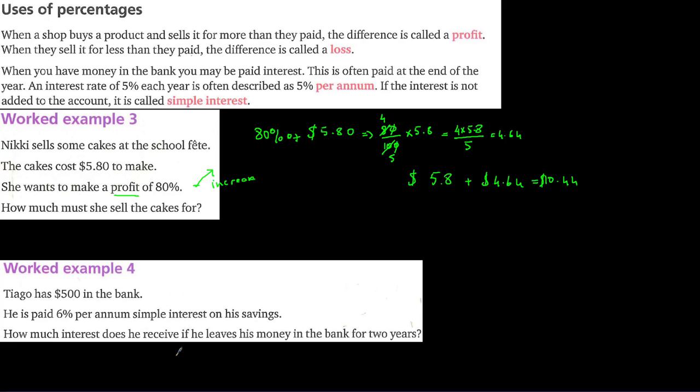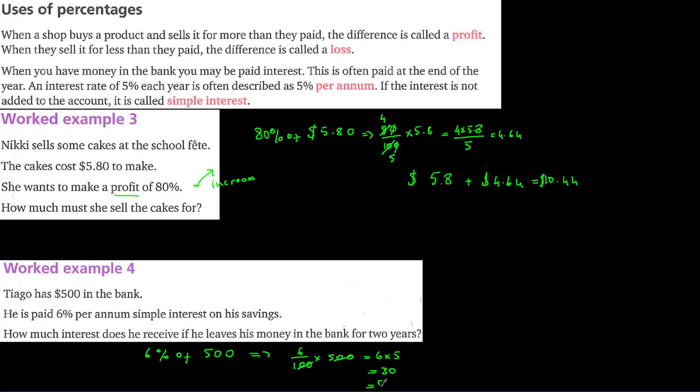It means that firstly 6% of 500 is going to be equal to 6 over 100 times 500. If we simplify these zeros, it's going to be equal to 6 times 5, which is equal to $30.